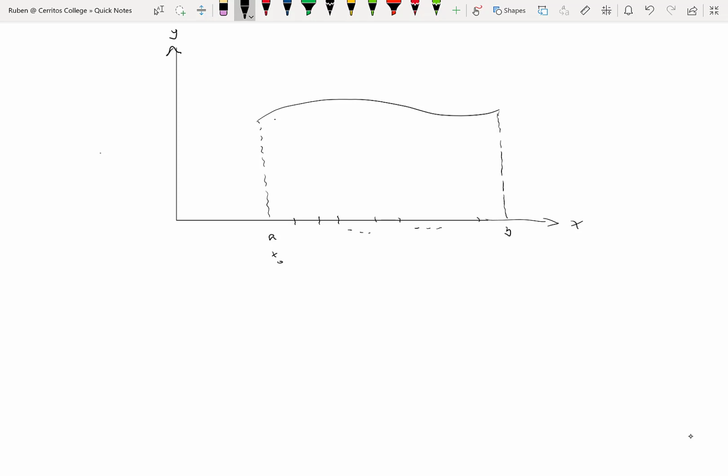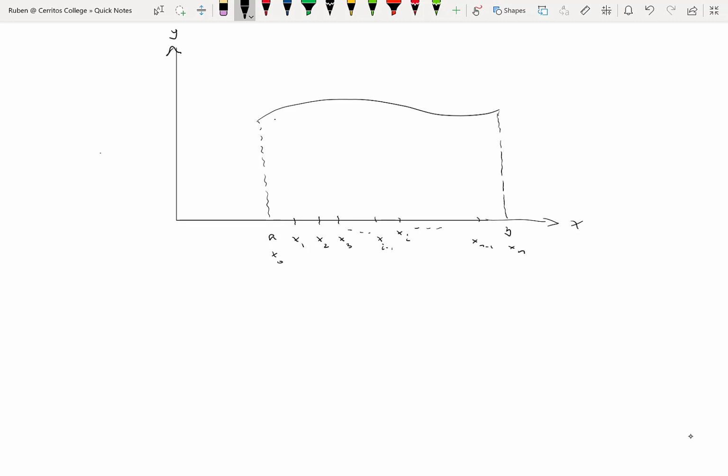They're going to follow us through all of these estimation methods: x0, x1, x2, not the star values, just the endpoints of the subintervals, x sub i minus 1, x sub i, x sub n minus 1, and x sub n.